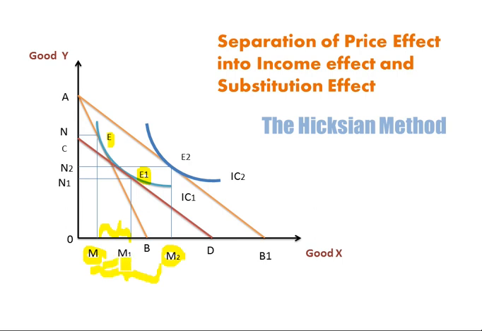This is known as substitution effect. Even though the increased income of the consumer is taken away through a compensating variation and the consumer is now on a new budget line, still the consumer is purchasing more units of good X. So this is known as the substitution effect.